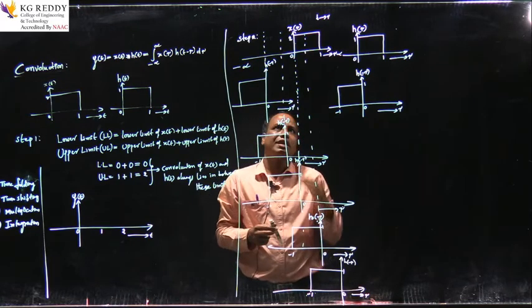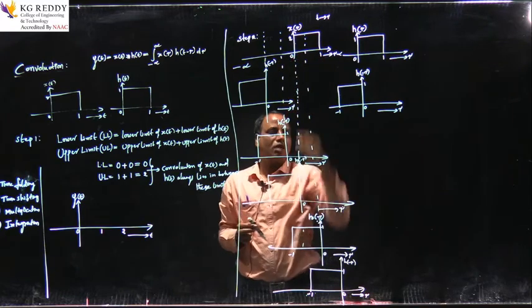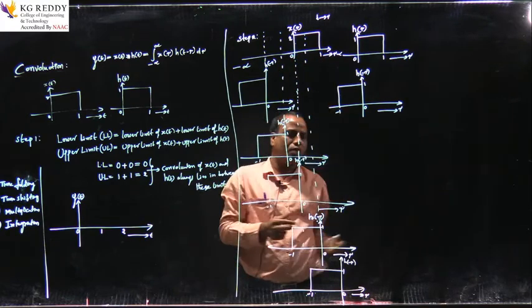That is the reason the convolution starts at 0 and increases up to 1, and from 1 to 2 it decreases.